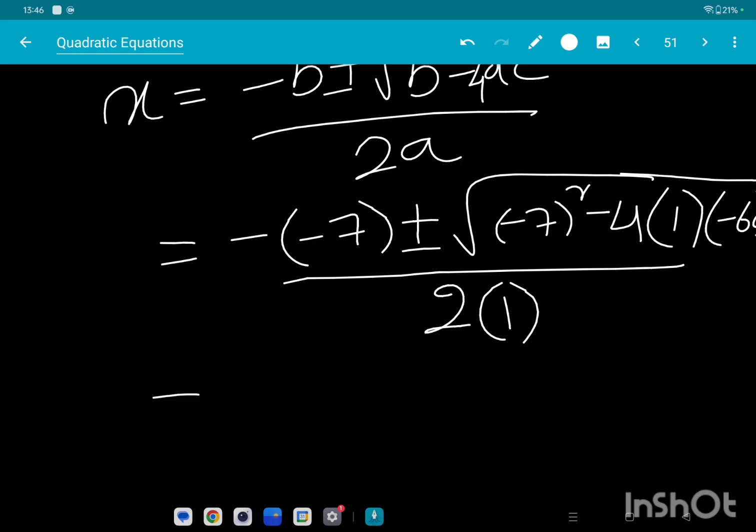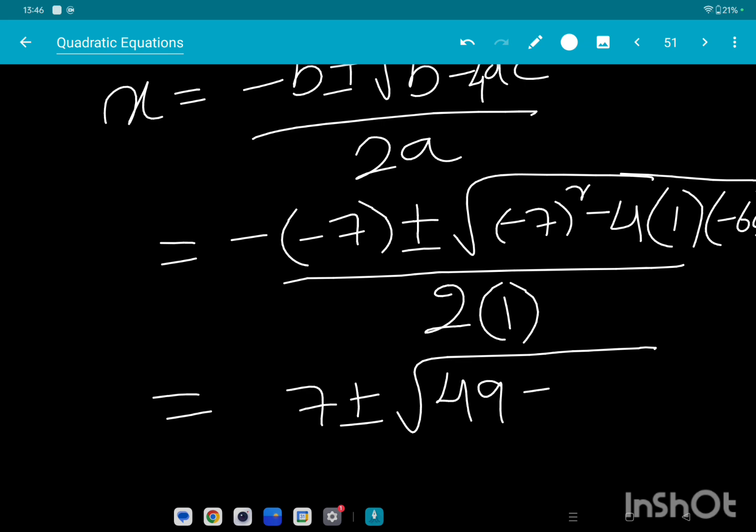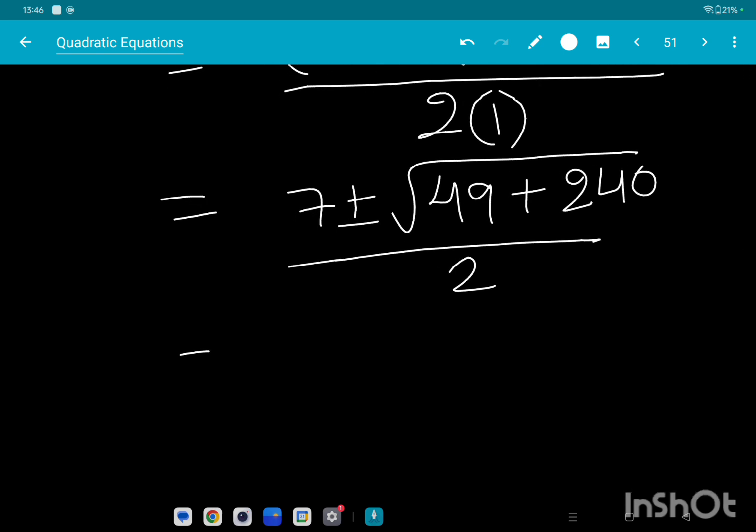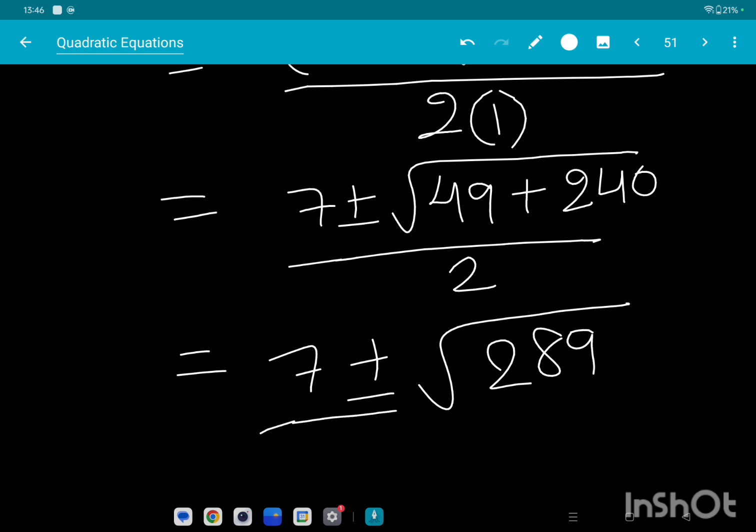Here minus into minus is plus, so 7 plus or minus root of 49 plus 60 into 4, 6 4s are 24, which is 240, divided by 2. Now 7 plus or minus root of 240 plus 49, 289, divided by 2.